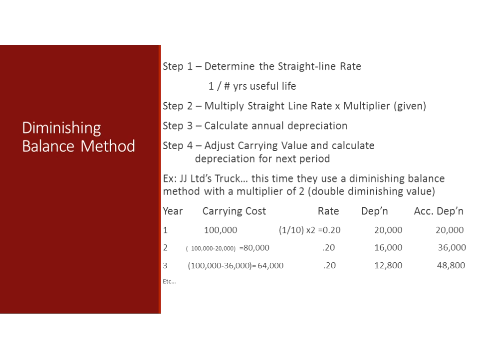We could have a multiplier of 1.3, 1.5, 1.6. It really depends on the type of asset that we're using. So that multiplier is typically given to us. And so now we have our straight line rate, and so we'll calculate our annual depreciation by taking our cost times our rate and getting our depreciation expense.